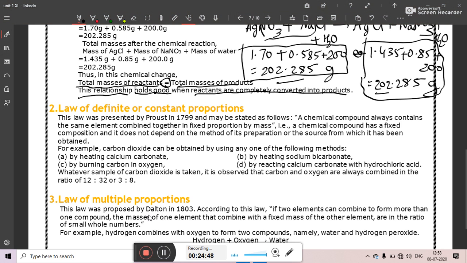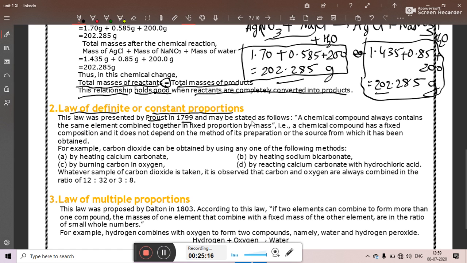Now the second law is the law of definite proportion, also called the law of constant proportion. This law was presented by Proust in 1799, and it can be stated as: a chemical compound always contains the same elements combined together in fixed proportion by mass.